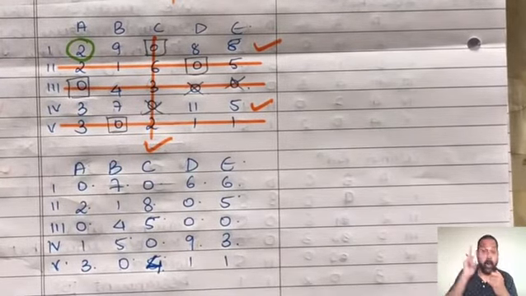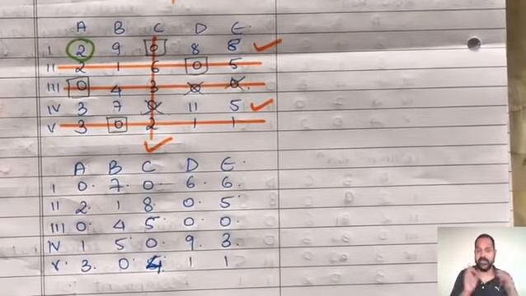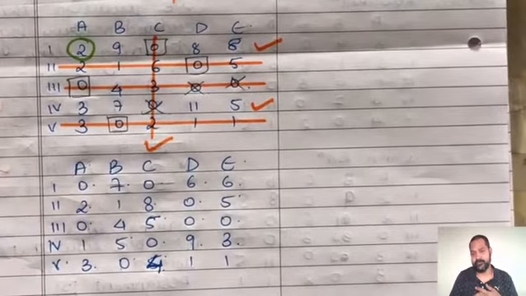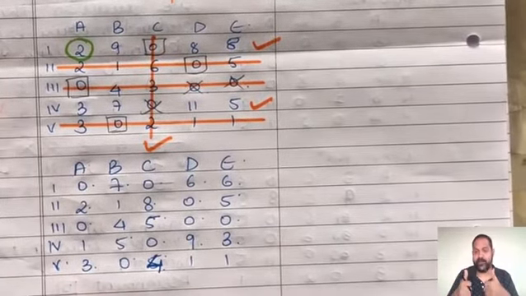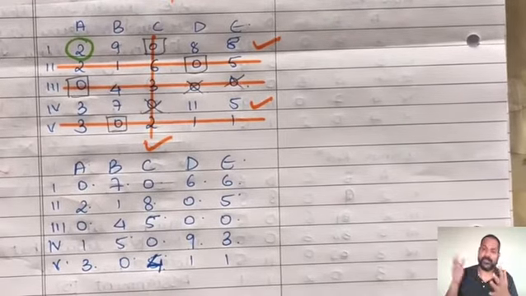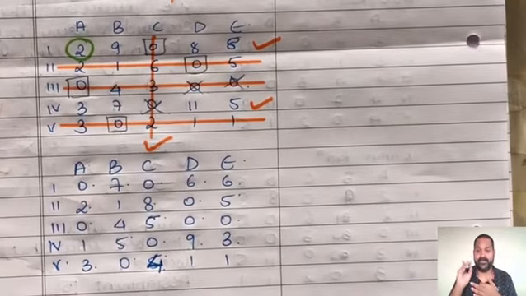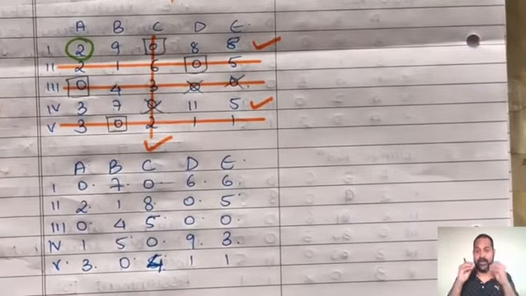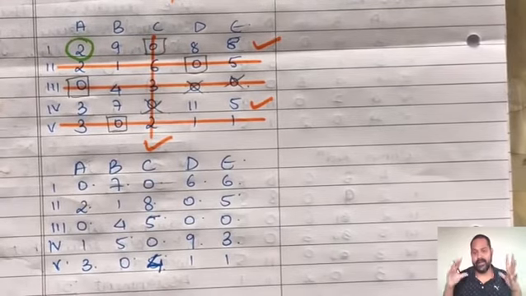Pick up the smallest from the uncovered, subtract it from the uncovered, add it to the junction, leave the single covered alone. You will get a new matrix. Again, do an assignment. If you get an assignment, fantastic. If you don't, step 1 row reduction, step 2 column reduction, step 3 assignment. You will keep doing this till you have reached an optimal assignment.